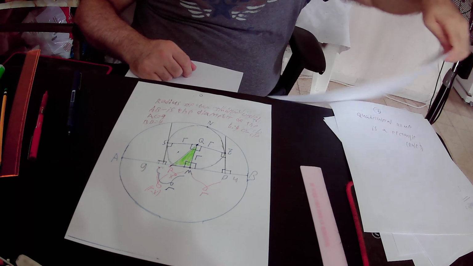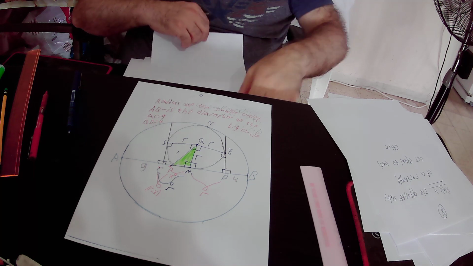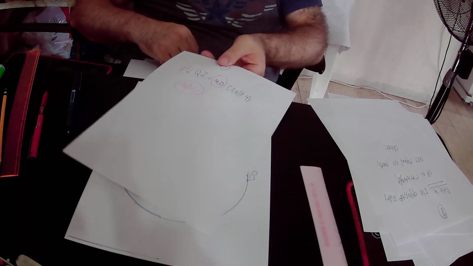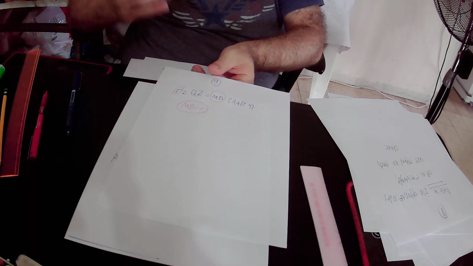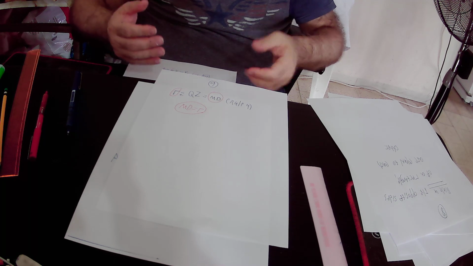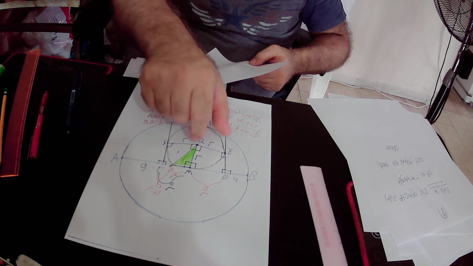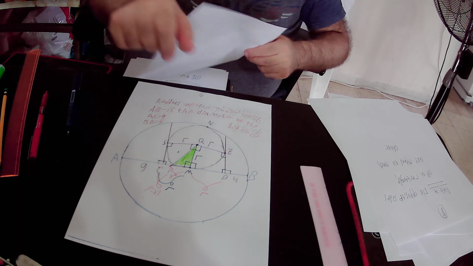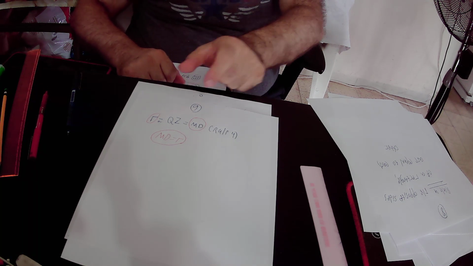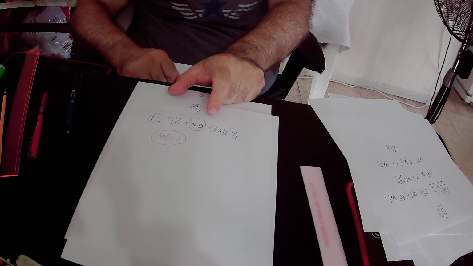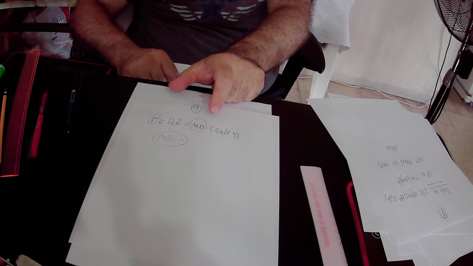The opposite sides of a rectangle are equal, so QZ is opposite to MD, and therefore according to rule number 4, QZ equals MD. But we know that QZ is the radius of the small circle, so we can write here that QZ equals small r. So from this equality we can derive that DM equals r, or MD equals r.